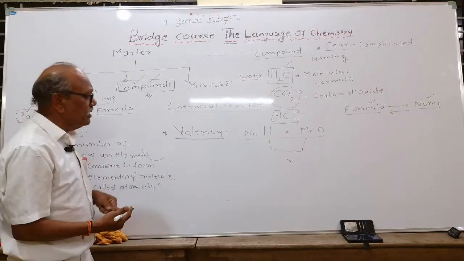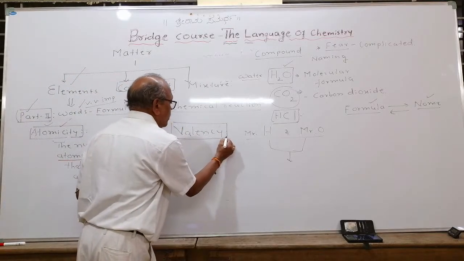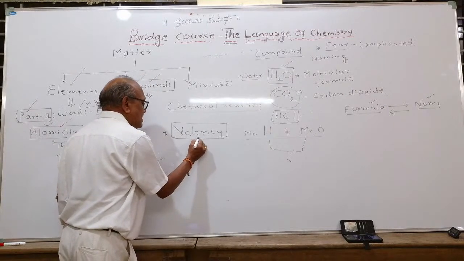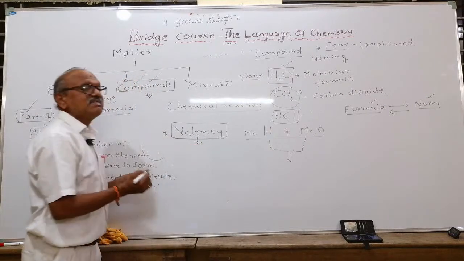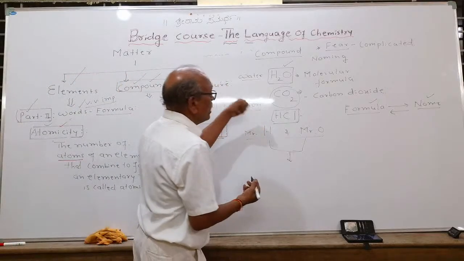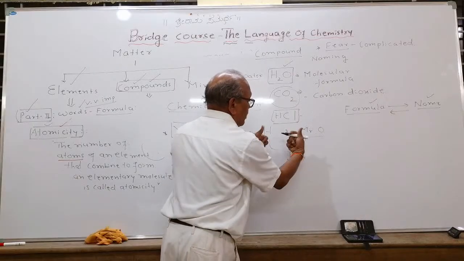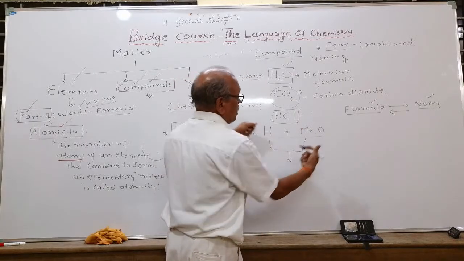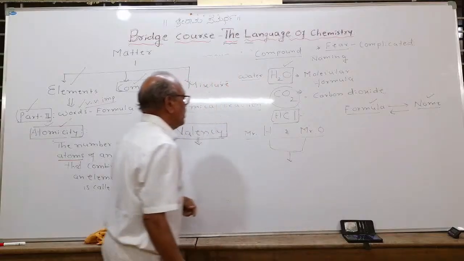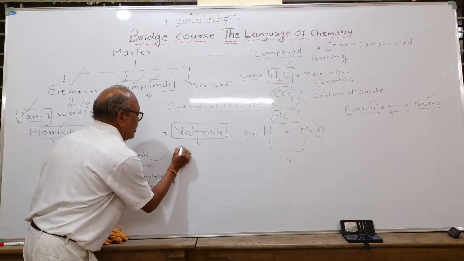What must have happened? Generally, every element will have this particular term. What do you call it? Valency. What is valency? Hydrogen has a capacity to combine. Oxygen will have a capacity to combine. This capacity of an atom to combine with other atoms is called combining capacity. You can define what valency is.